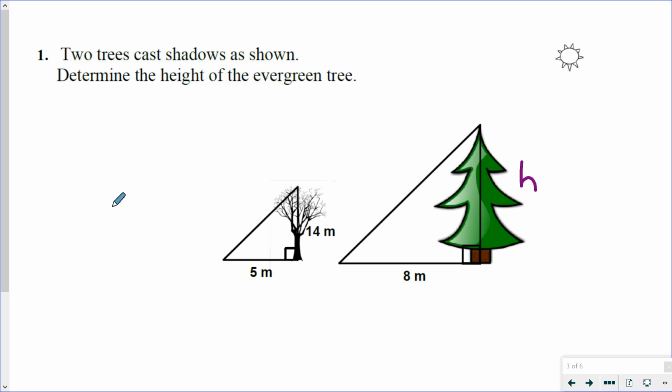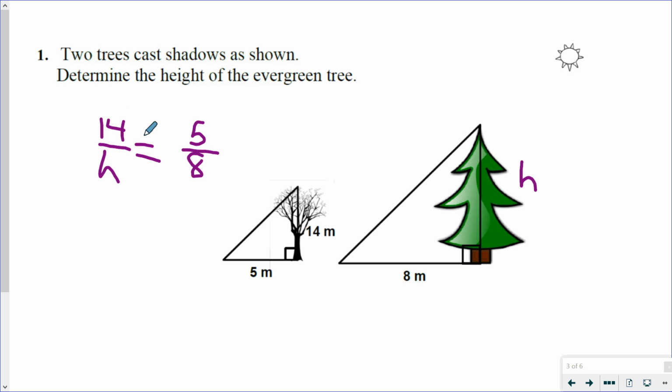So if these two shadows are being formed at the same time of the day, then the ratios are the same. So therefore, we can set up a proportion of the height of the smaller tree, which is 14, is to the height of the evergreen, which is H, and set it equal to the shadow that the smaller tree is casting, which is 5, is to the shadow of the evergreen.